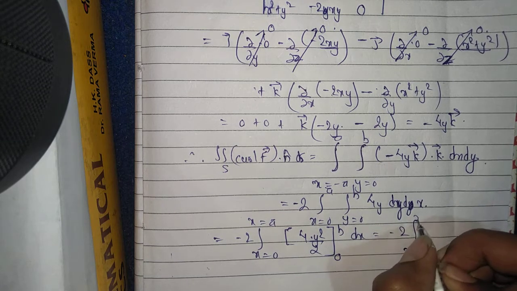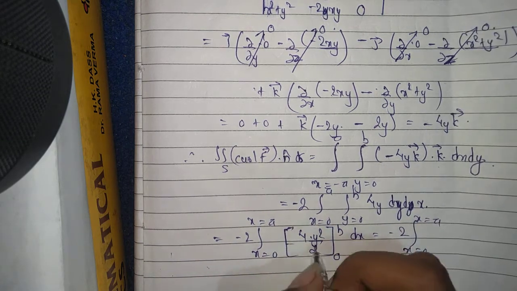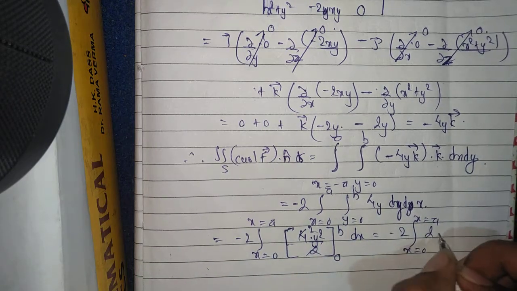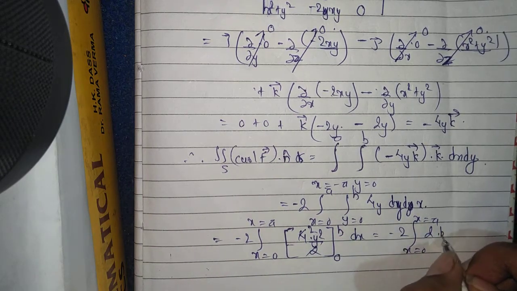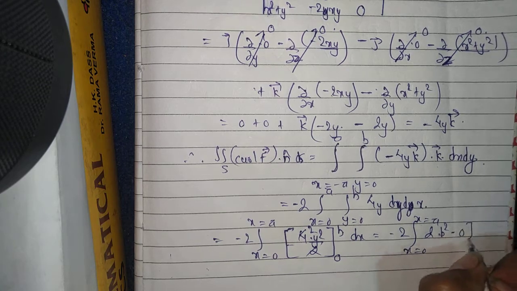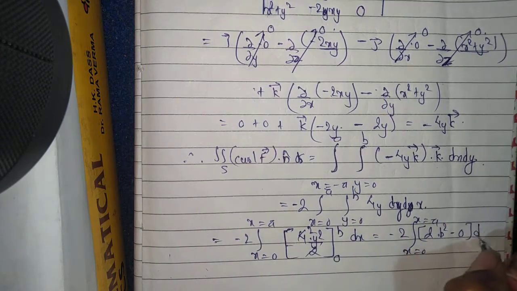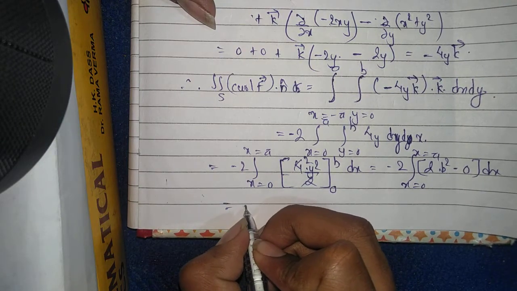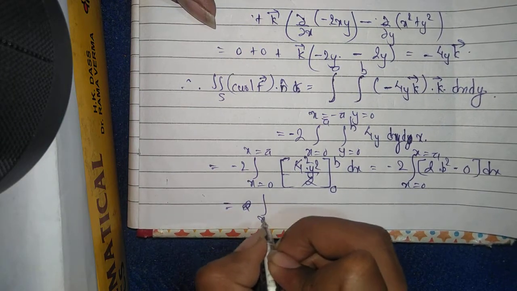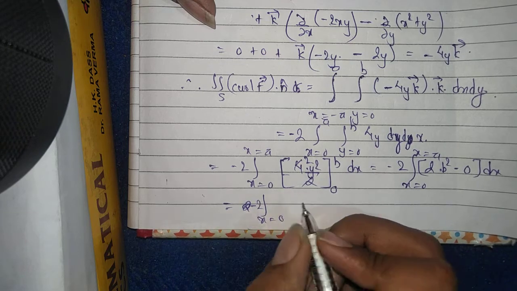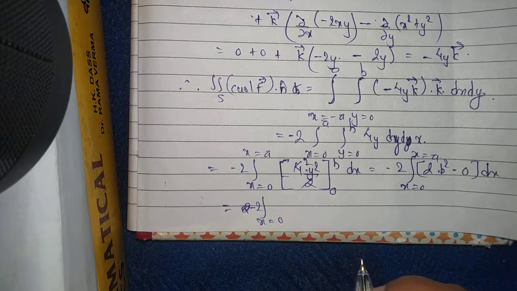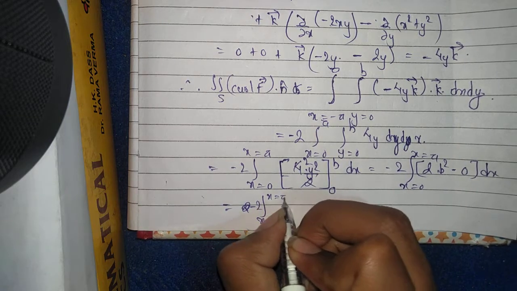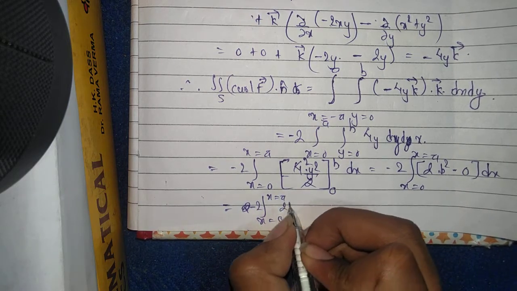That equals minus 2, x equals 0 to x equals a, 2y square, and substituting the value of b, we get 2b square minus 0, dx, which equals minus 2, x equals 0 to a, 2b square dx.